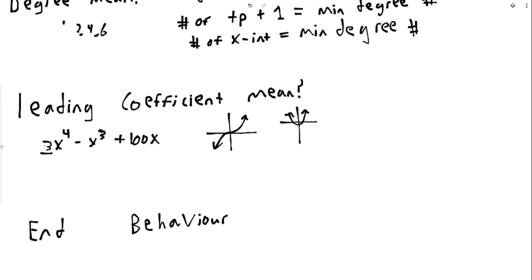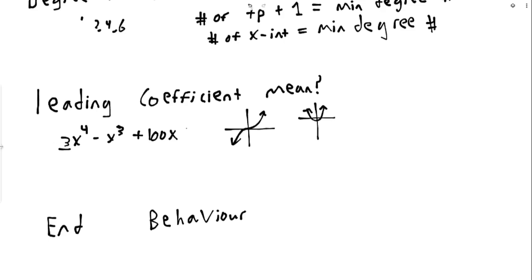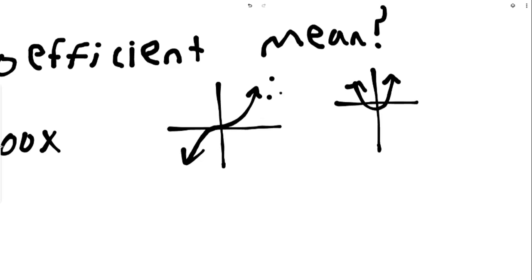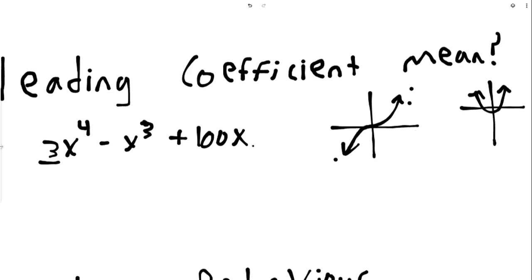Whether this is positive or negative is going to affect whether it's going like this or like that. If this number is positive, then it's going to end positive and start negative. And same thing for even here, it's going to start positive and end positive.